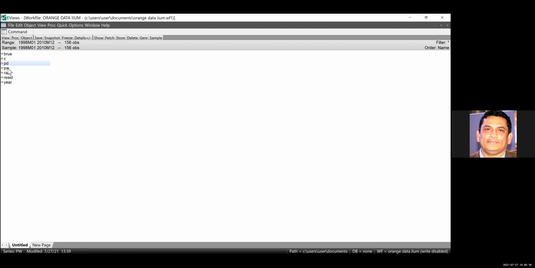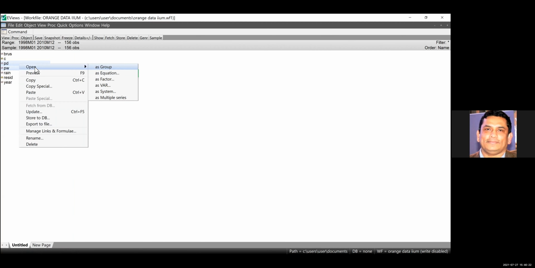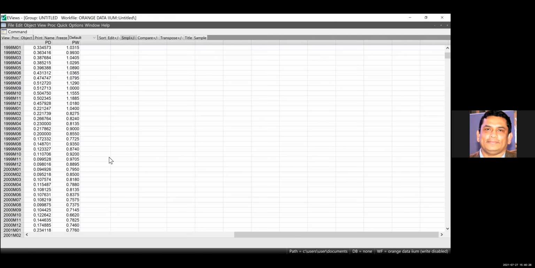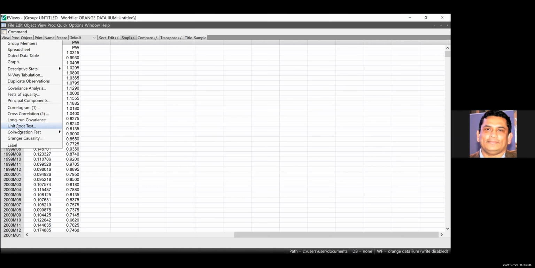So I click on these two variables and open these 2 variables as a group. You can open them individually just to test the unit root, just to make sure whether these variables are I1 or I0.